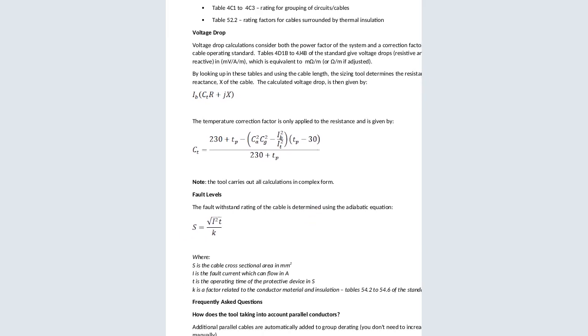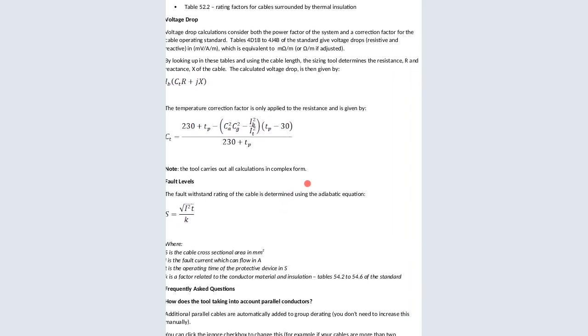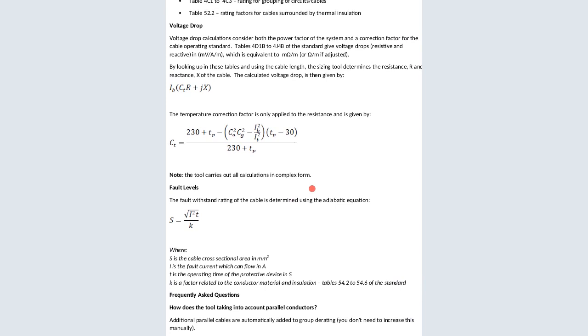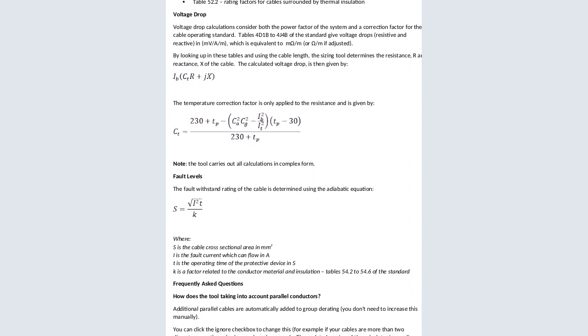You'll be able to see these tables later on. And the voltage drop is given by the resistance and the reactive resistance, the resistive and the reactive. So the resistive is R and the reactive is X. So all of them are resistances. So when they are multiplied by the correction factor, and then we multiply by current, we'll get the total voltage drop.